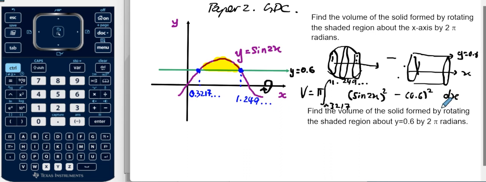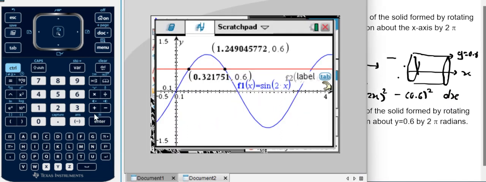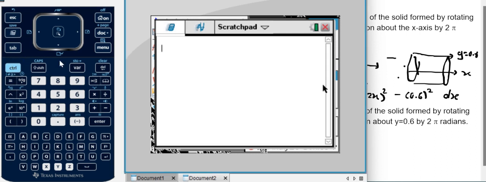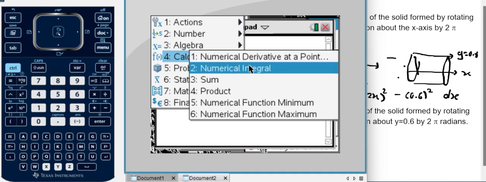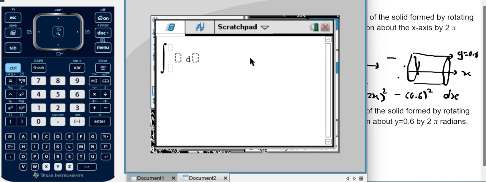This is it. So right now I can use the GDC to solve this. In order to use GDC to solve it, I would suggest that you use the Scratchpad and then go to Menu, go to Calculus, and then Numerical Integral, and then go outside the integration sign and put in the pi, and then lower bound is a, upper bound is b as we defined, and now I put a big bracket.